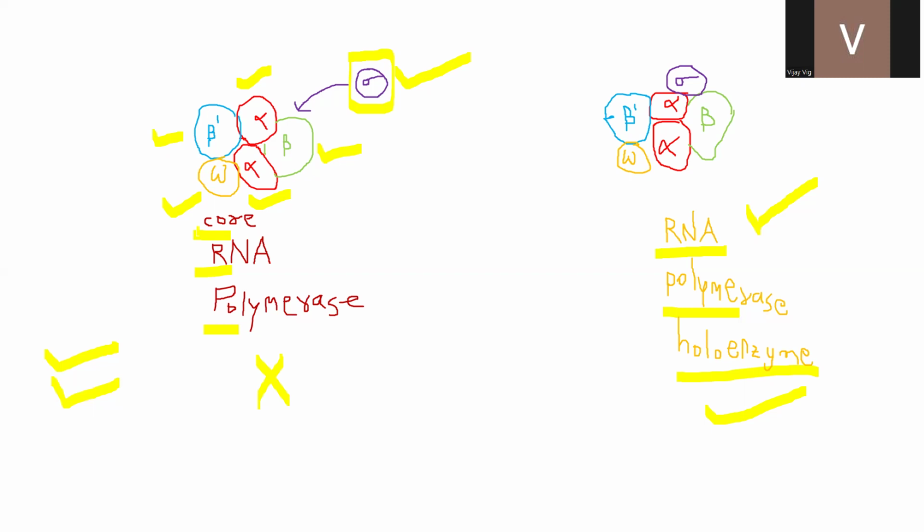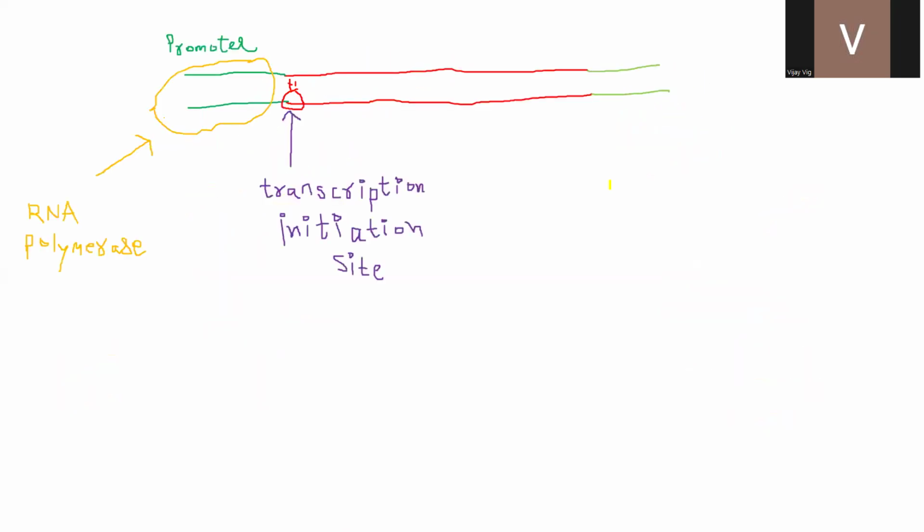So sigma factor helps the enzyme in recognizing the promoter sequence, recognizing the -10 and -35 consensus sequences, and helps the enzyme in doing the transcription at the correct site every time the gene is transcribed. So without sigma, the core enzyme is blindfolded. So this is the promoter, as we have seen earlier, where the RNA polymerase binds. It's a holoenzyme and it has the sigma factor.